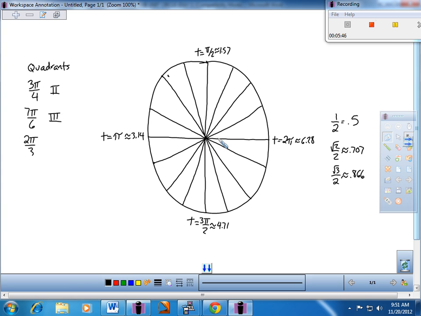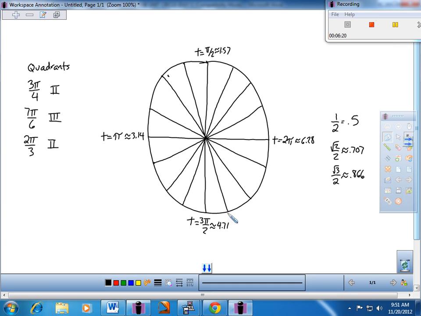So 120 degrees would be a rotation from here to here, which means everybody 2 pi over 3 radians on the unit circle, or 2 pi over 3 units, is right up there. And remember, we saw all the pi over 3s are closer to the y-axis. So here was 1 pi over 3, 2 pi over 3, 4 pi over 3, and 5 pi over 3.